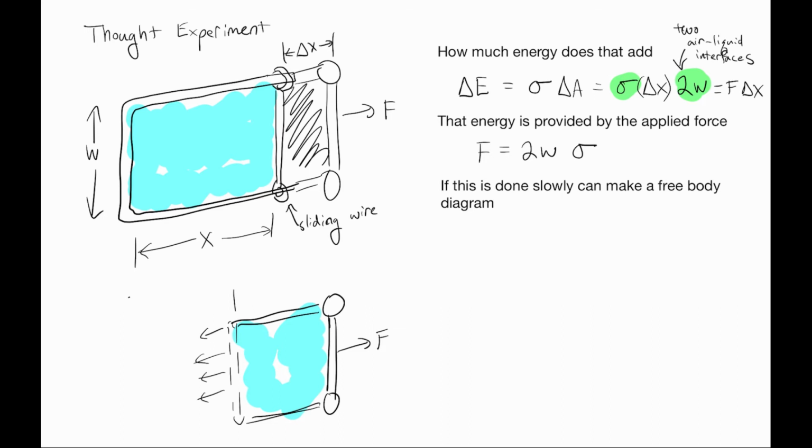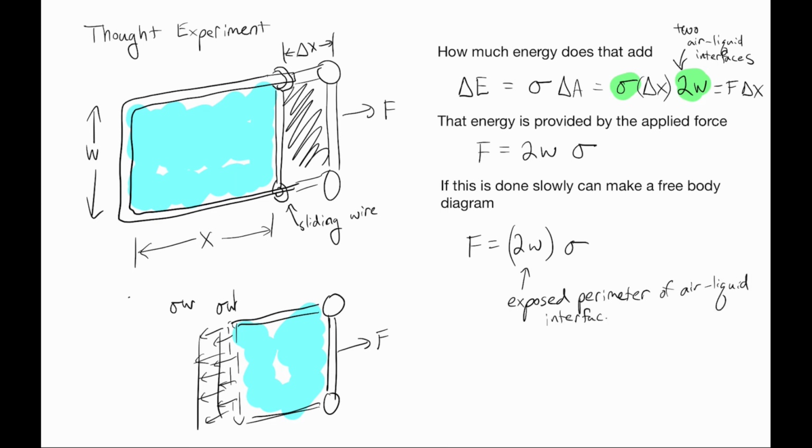So what I'll do is highlight 2 line forces that we'll postulate to exist that act along the air-liquid interface in the opposite direction of the force that we're applying. Each one, just by deduction, must be equal to the surface tension times W, which happens to be the length of that line, right? So W is the length of each line. There are 2 such lines, so the force turns out to be 2W times the surface tension, where 2W represents the exposed perimeter of the air-liquid interface.